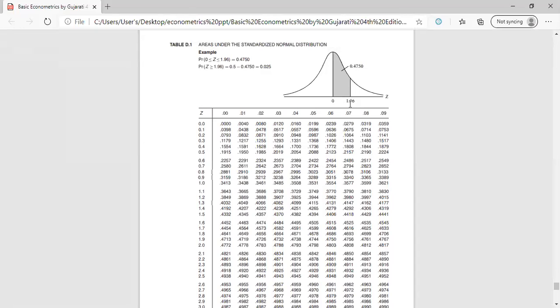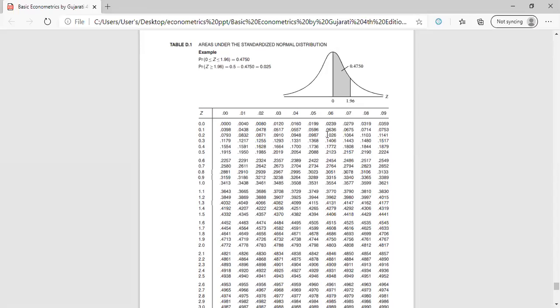However, if you have 0.85 here, what is the probability that z is less than 0.85? How do you find it?